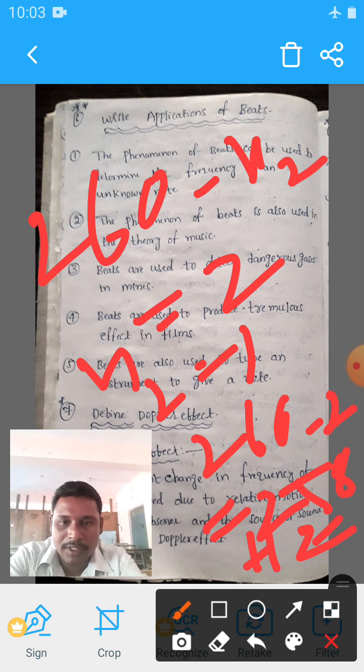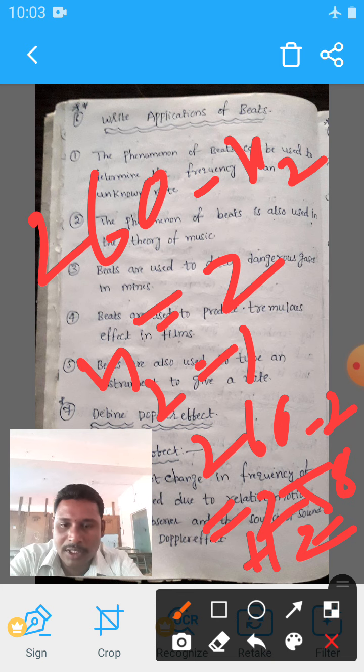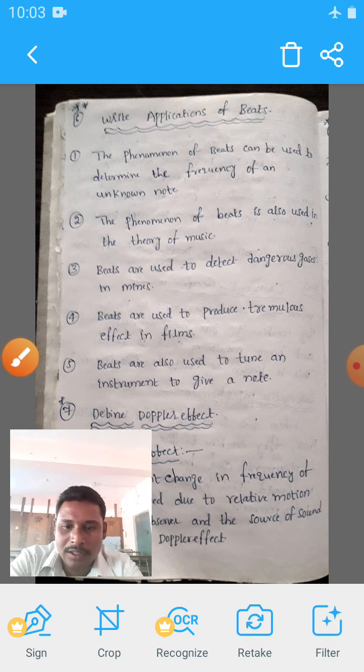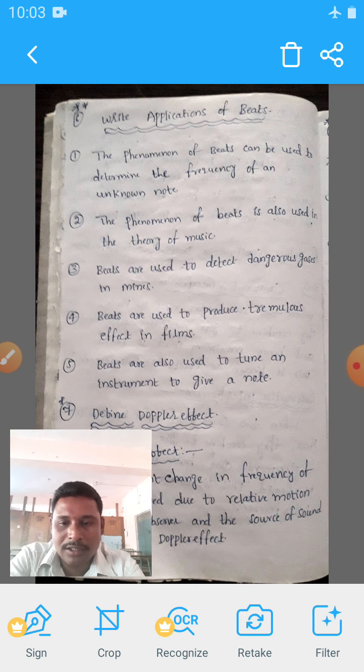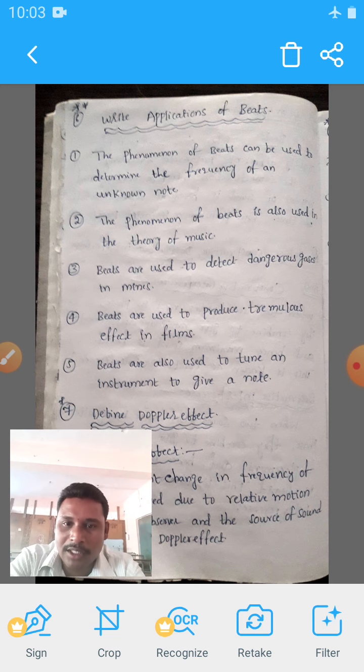అంటే మనకి ఒక ఫ్రీక్వెన్సీ తెలిస్తే ఇంకో ఫ్రీక్వెన్సీని ఆటోమేటికలీ కనుక్కోవచ్చు. The formula is nothing but n1 minus n2 is equal to the number of beats per second. In the example, n1 is equal to 260 and n2 we don't know. Two slightly different frequencies give 2 beats per second, so n1 minus n2 is equal to 2.